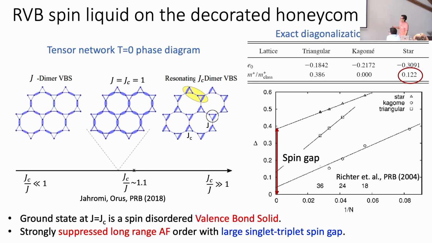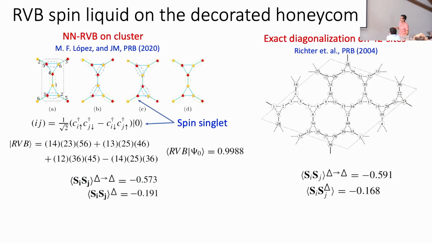But these calculations indicate that there is a suppressed magnetic moment. So really, it's a spin disordered system.